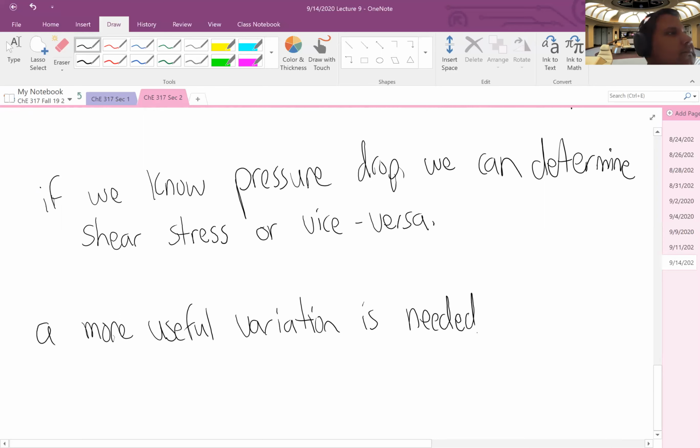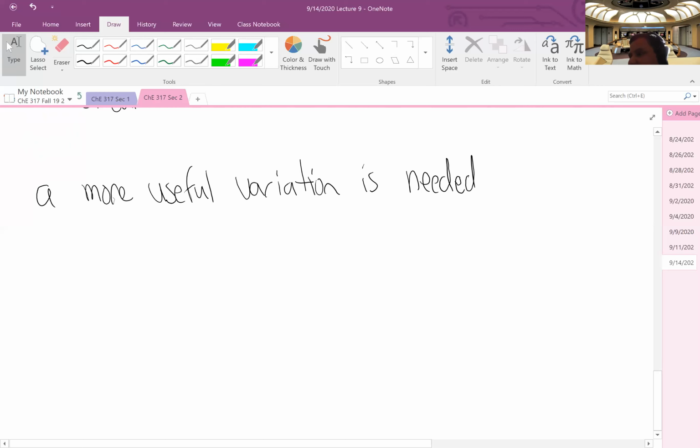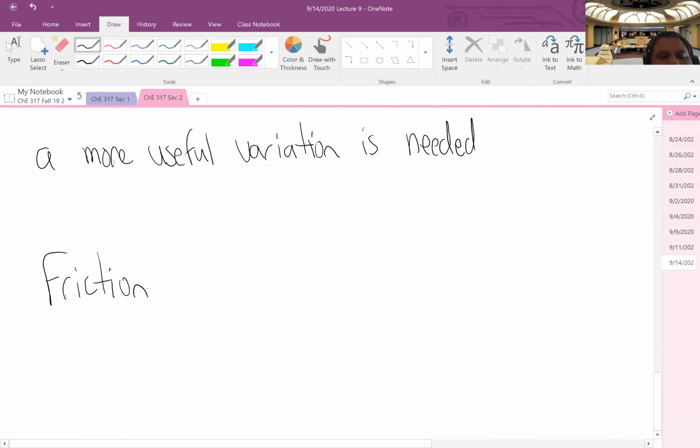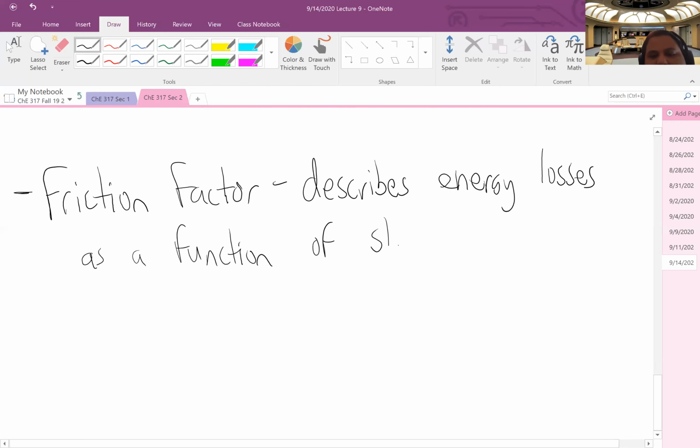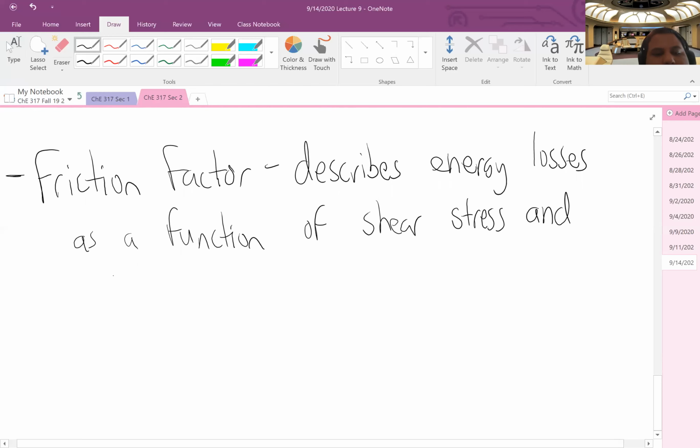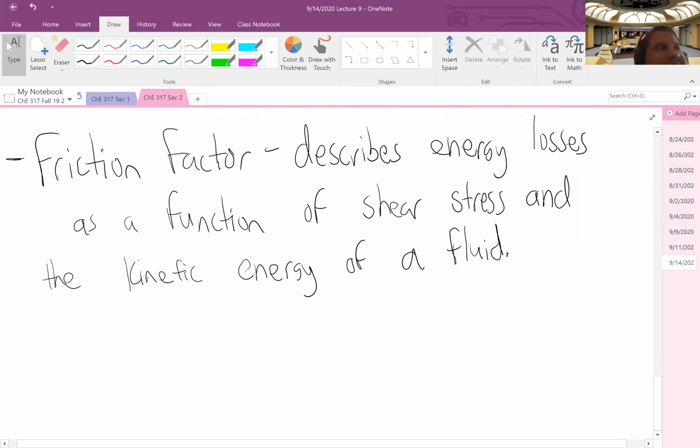And so what we do, once we're engineers, we developed our own variable, which is known as a friction factor, to describe the expected losses as a function of shear stress and the kinetic energy of a fluid, as these two forms are the most predominant variables which describe friction factor that we see within fluid systems.